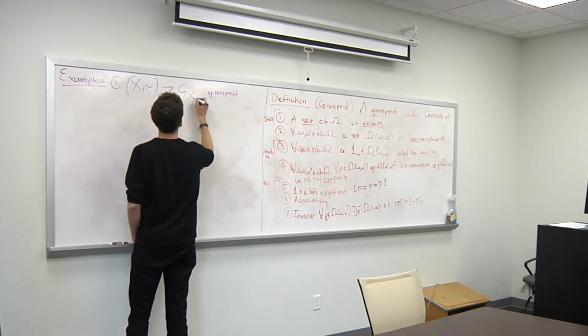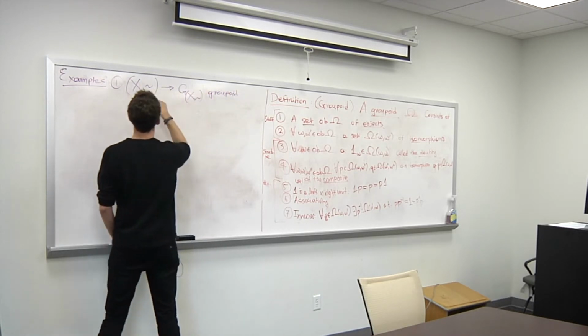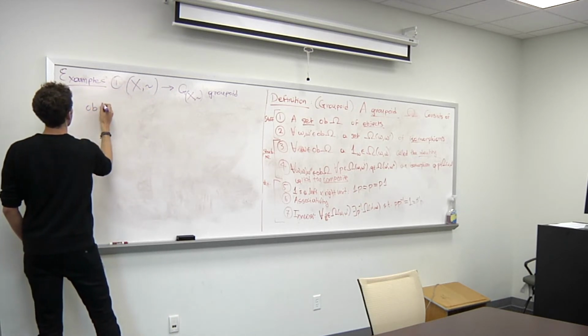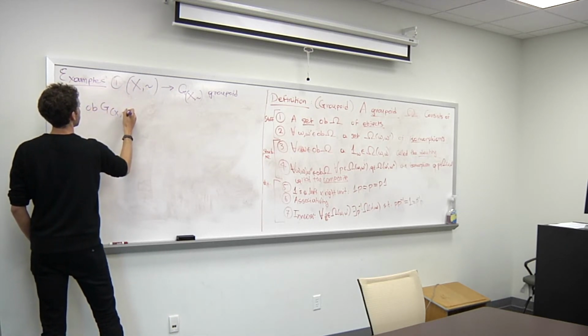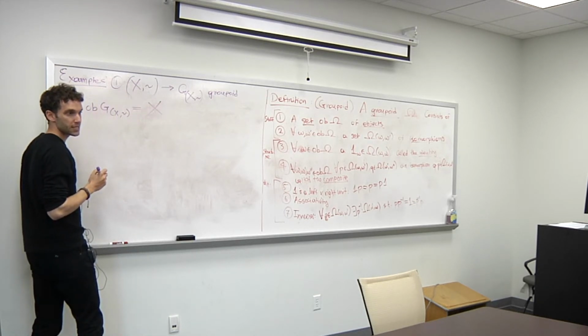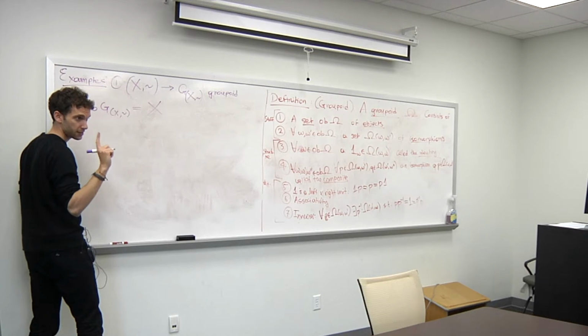Actually, it should be indexed by the equivalence relation as well. So the objects of Gx are the elements of X. A set, definitely. The objects are a set.